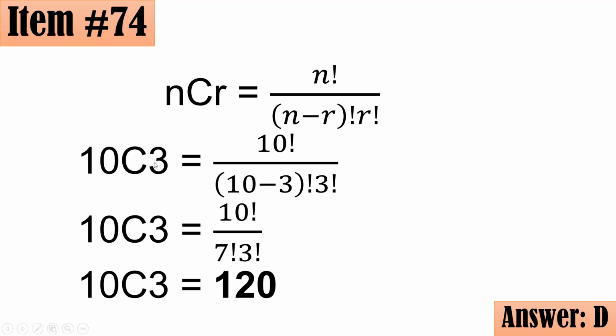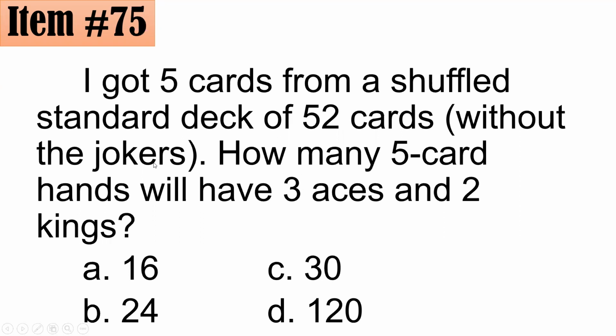75. I got 5 cards from a shuffled standard deck of 52 cards without the jokers. How many 5-card hands will have 3 aces and 2 kings? Is it 16, 24, 30, or 120?